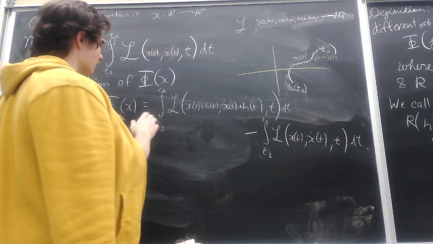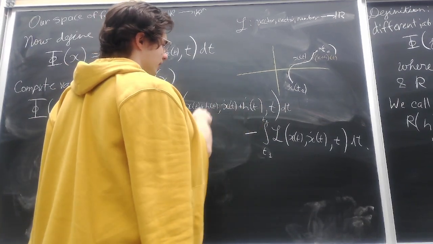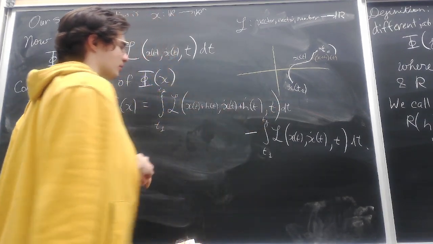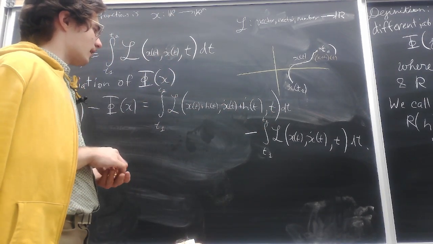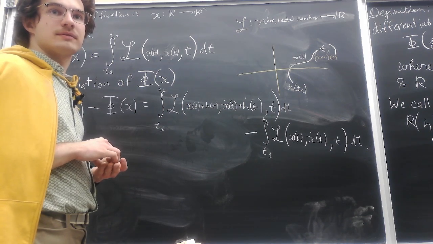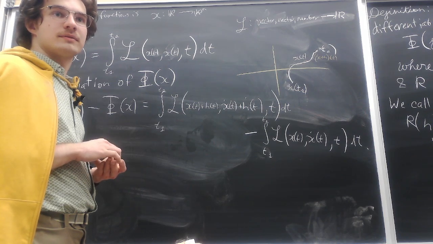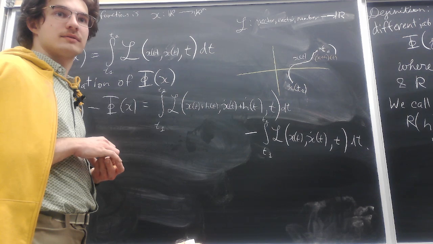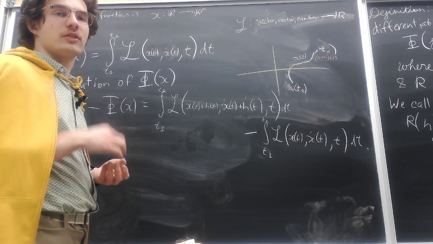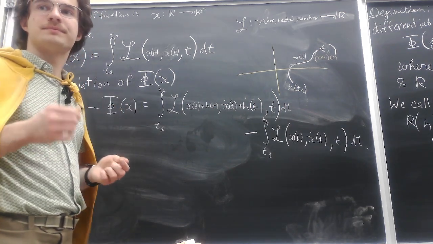Forget about the fact that these are functions. L is just a function that takes in some vector, some other vector, and some t. What's the best linear approximation to L? L is a function that takes in a few vectors as input and outputs a number.